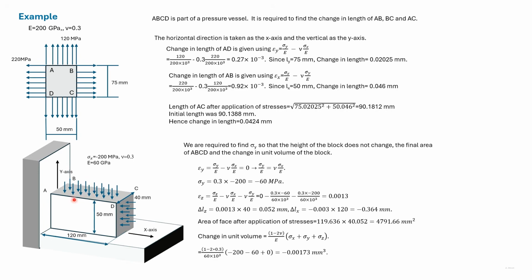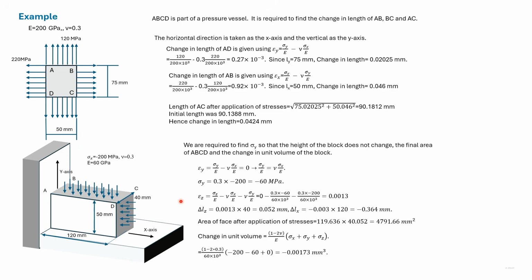Since the strain is 0, then sigma y by E minus nu sigma x by E is 0, from which we find sigma y. Once we have found out sigma y, we know this stress, and there's no stress in the z direction. So we can find epsilon z.